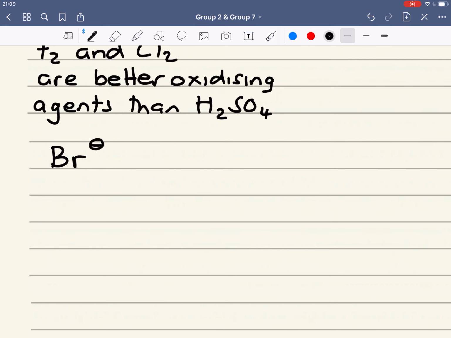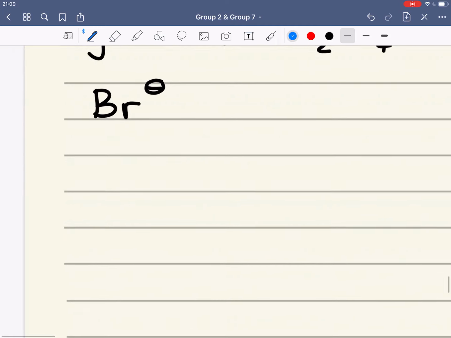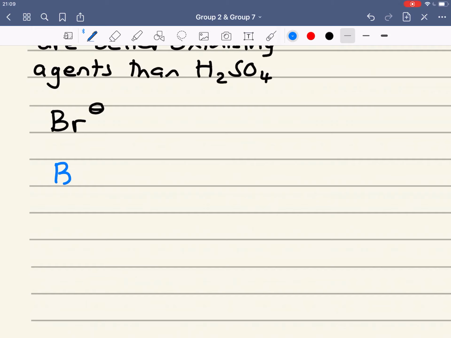Now, the first thing we're going to do when we look at a reaction of bromide ions and sulfuric acid is look at the half equations. When bromide ions are oxidized, they do so according to the following equation, and we said this earlier on in the video.